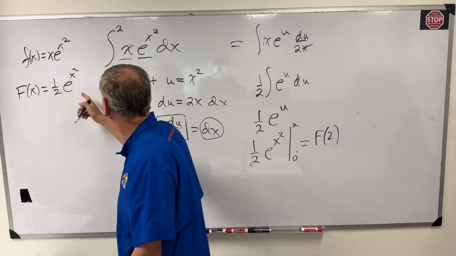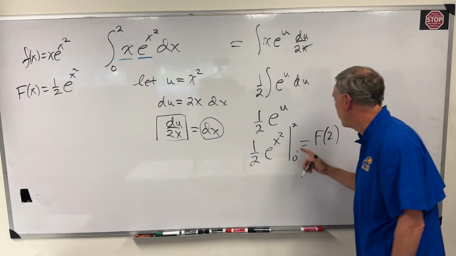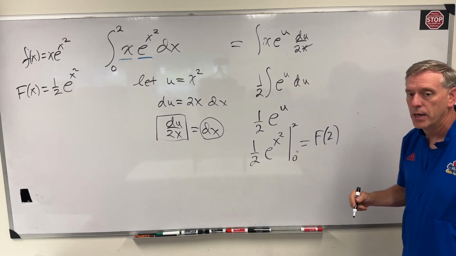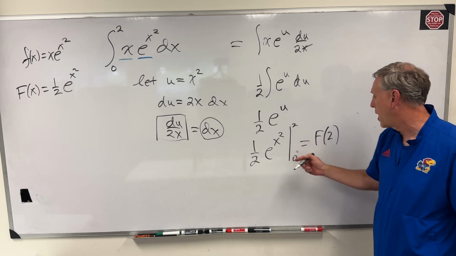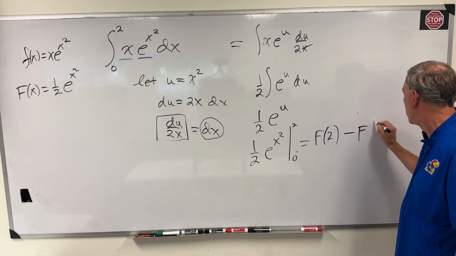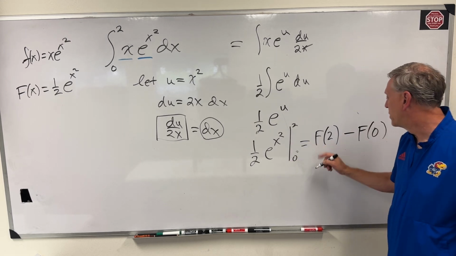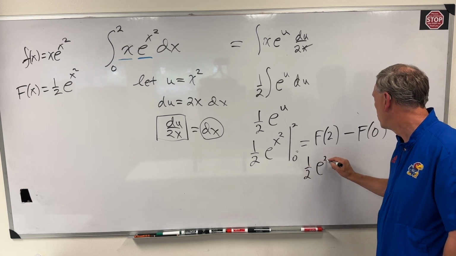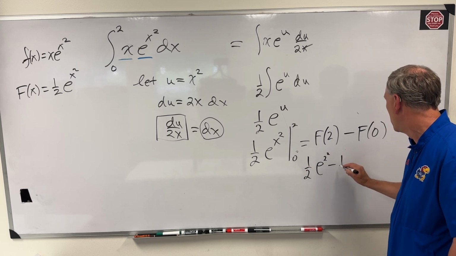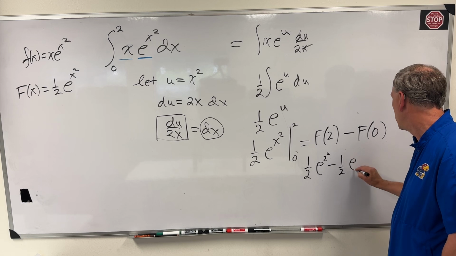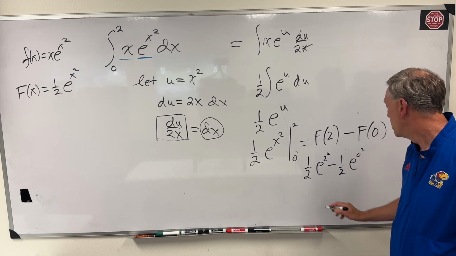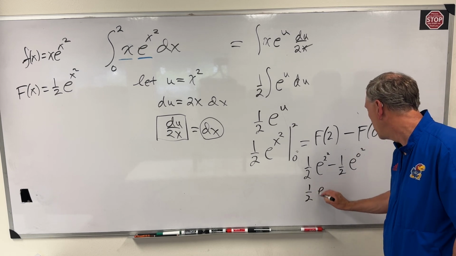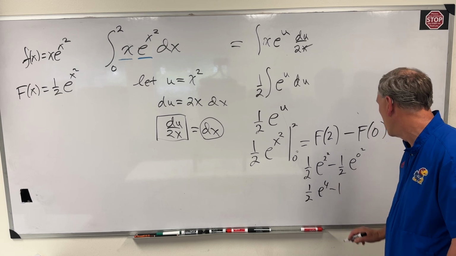And it's normally plus c, except in this case we have a definite integral, so we don't need some random constant. We're going to calculate it exactly. So this gives us 1/2 e to the 2 squared minus 1/2 e to the 0 squared. So in the end, we get 1/2 times e to the 4th minus 1.